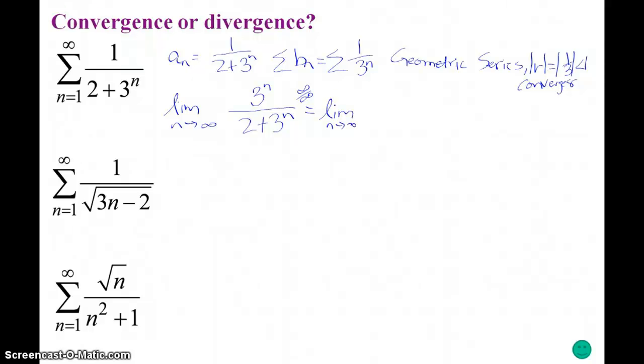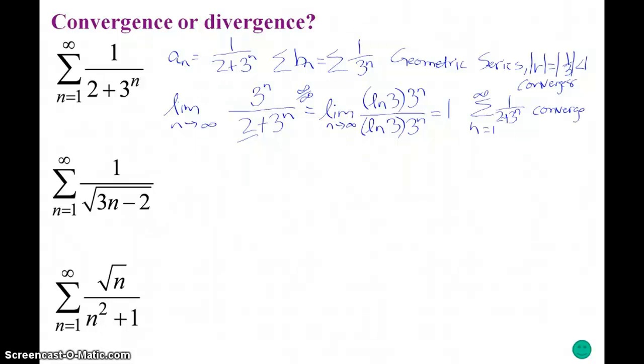I can do a step of L'Hopital's. The derivative of 2 is 0. The derivative of 3 to the n is natural log of 3 times 3 to the n. This is 1. And so I would show the AP reader that the original series they gave me converges by the limit comparison test.